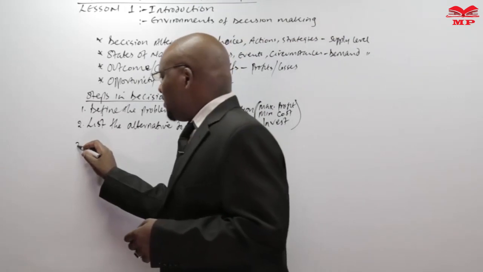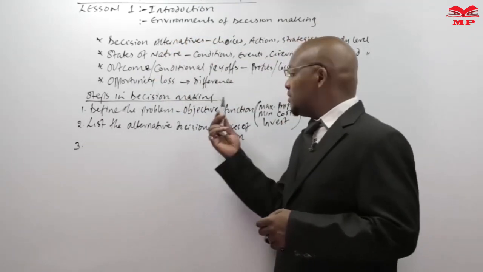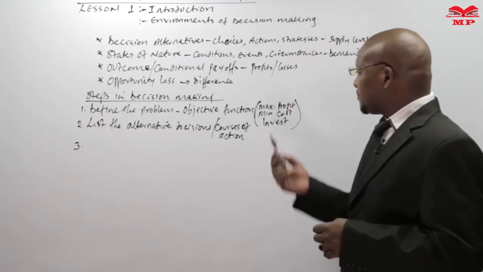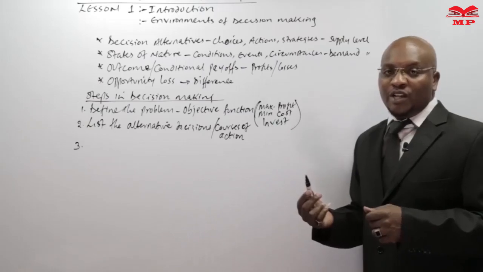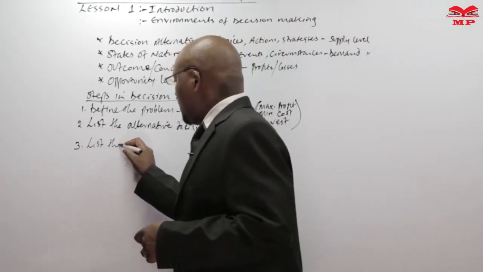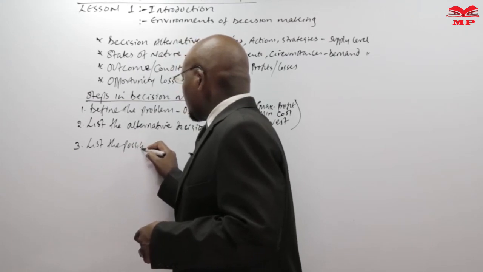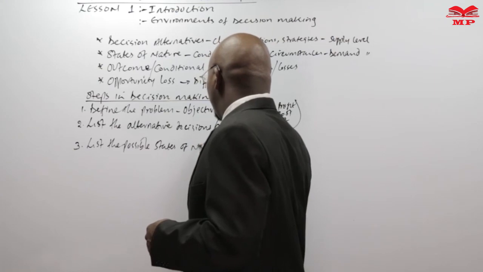Then we may not just select an alternative and start making profit or achieving this objective. We may also list the possible states of nature.